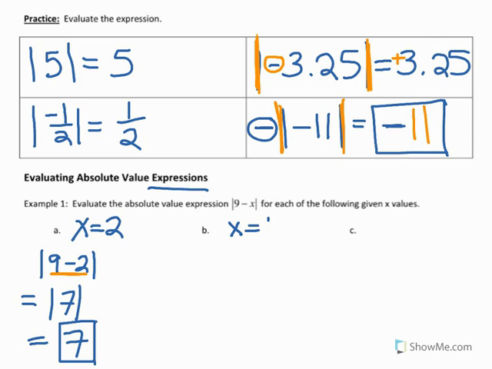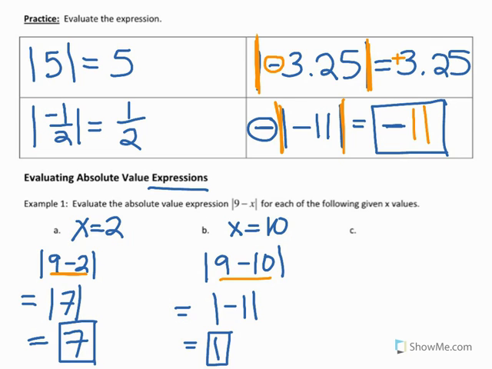Let's try this for x equals 10. The absolute value of 9 minus 10, again, we're going to simplify inside the parentheses first, so we get the absolute value of negative 1. The absolute value of negative 1 is positive 1, right? We take the opposite.